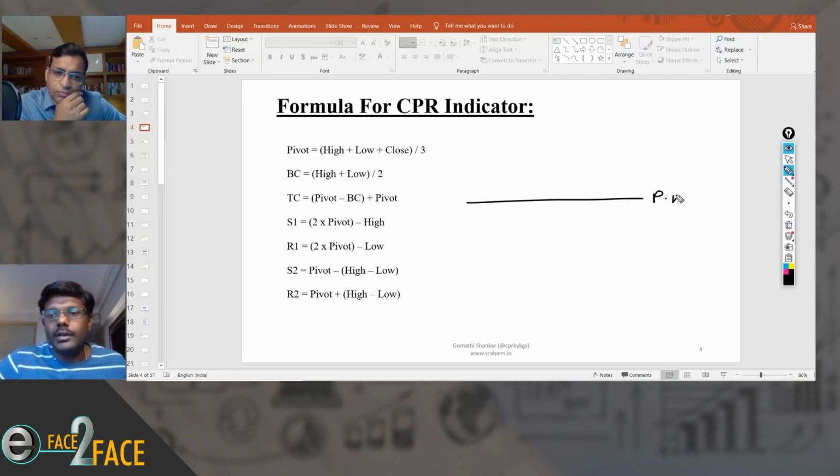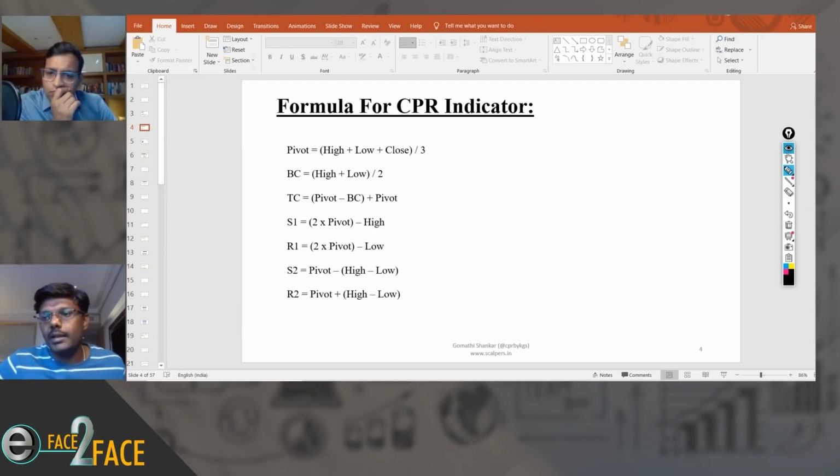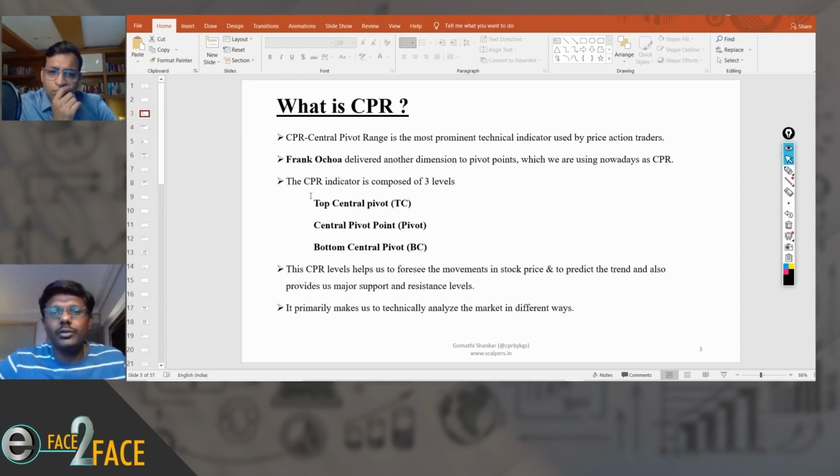So traditionally there is only one pivot line, and then we will have resistance as well as support. Now this single pivot line is broken into 3 pieces, which was done by Frank Ochoa. He is the founder of this particular CPR indicator. He is giving another dimension to the pivot point, dividing that single pivot line into 3 lines.